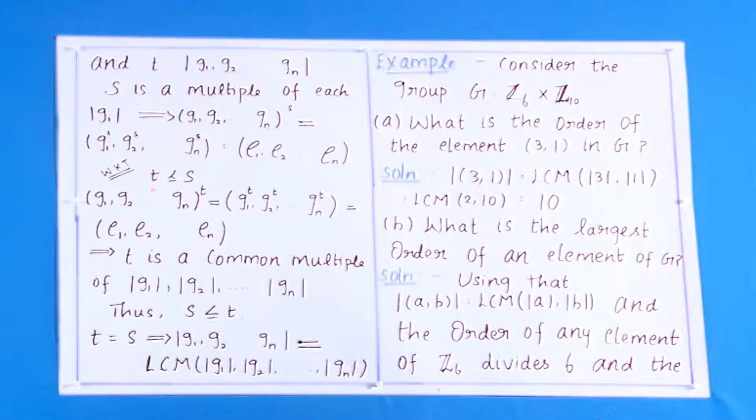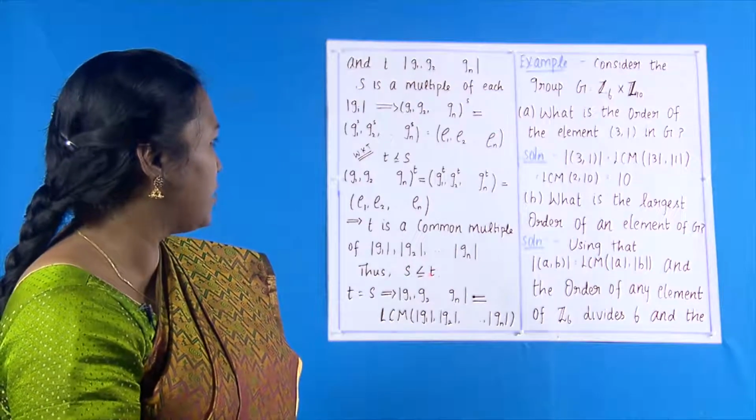So we know that T is less than or equal to S, and therefore (g1, g2, so on up to gn) to the power T is equal to (g1^T, g2^T, so on up to gn^T). This is equal to (e1, e2, so on up to en). Clearly this shows that T is a common multiple of the order of g1, the order of g2, and so on up to the order of gn. Thus S is less than or equal to T.